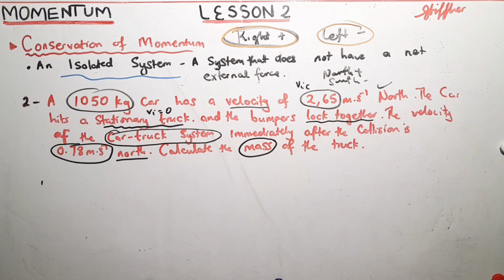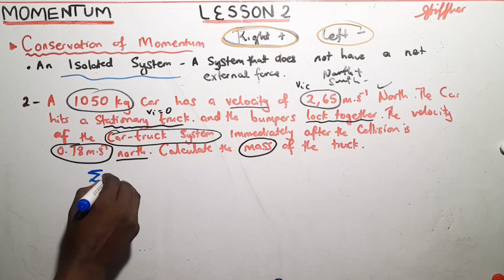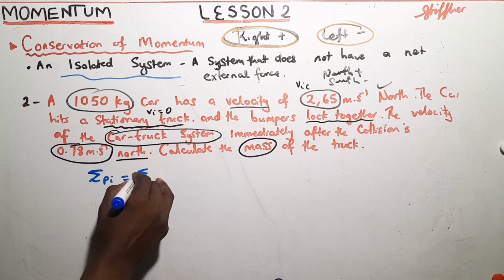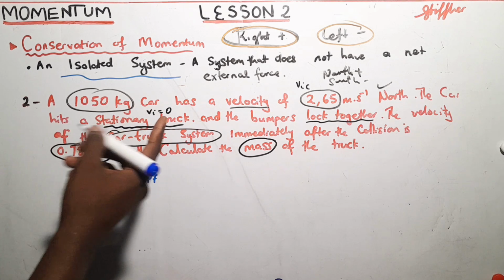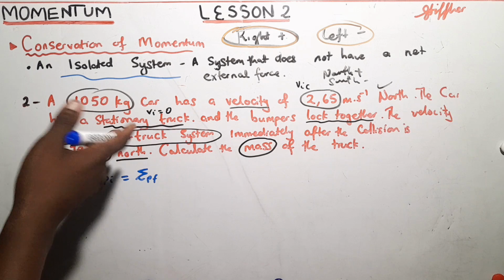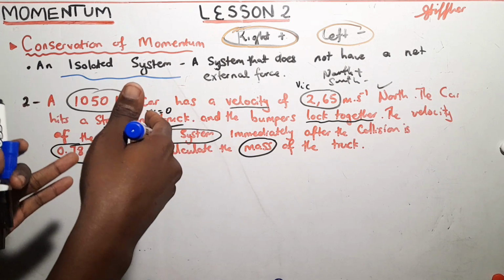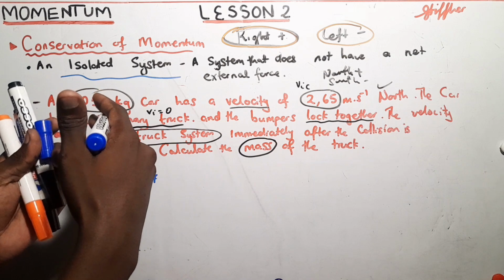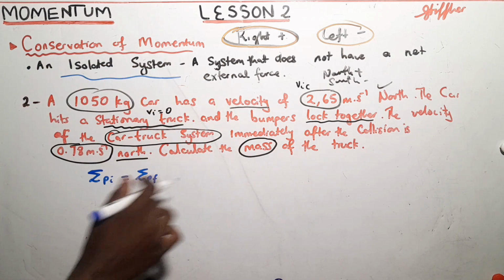So what do we do? We already chose the direction north positive and south negative. So first we just write our formula. The total momentum initial will be equal to the total momentum final. Before the collision they were separate, and after the collision they are now acting as one, so we can put them together.